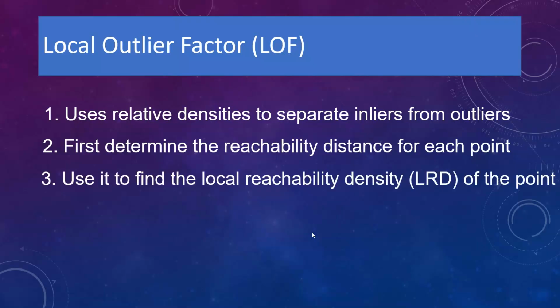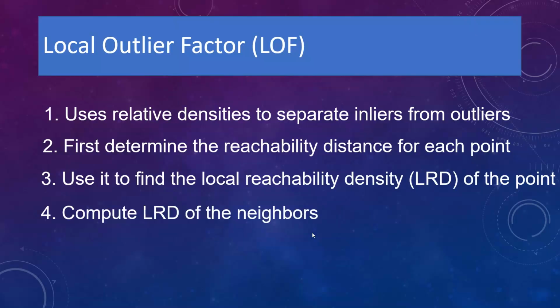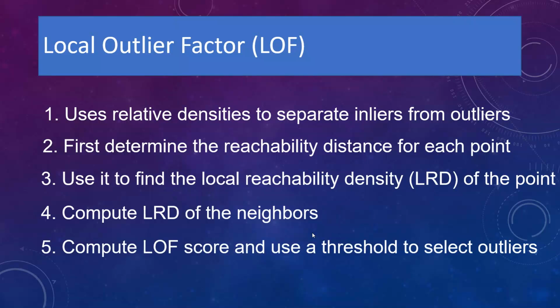It uses that value to find the local reachability density, the LRD, of a particular point. And that LRD is the density associated with the neighbors, not itself, the neighbors. And then it computes the LRD of all of these neighbors in the same way, and then it computes the LOF score by taking the ratio of the two. And then finally, you have to use a threshold or give a contamination factor in order to separate the outliers from the inliers.